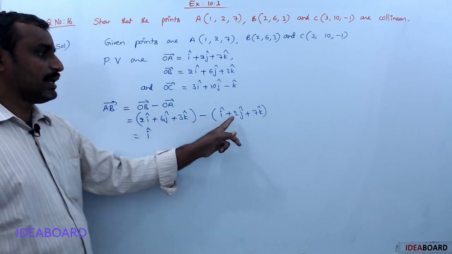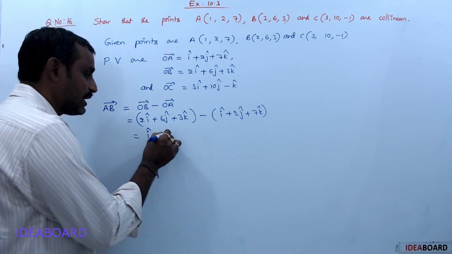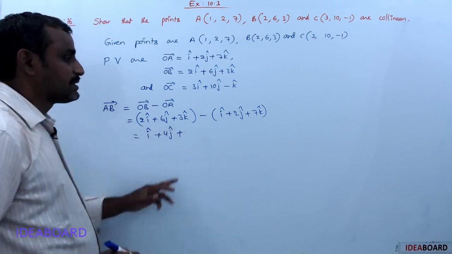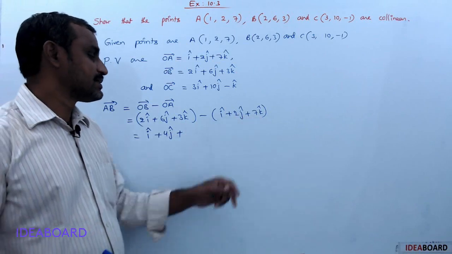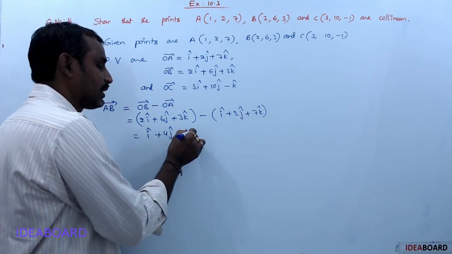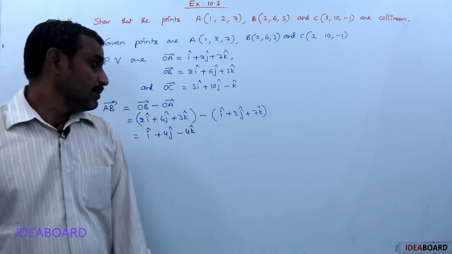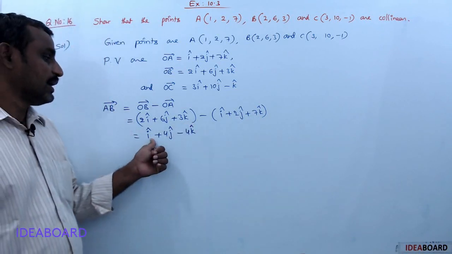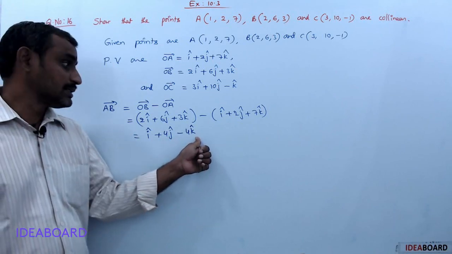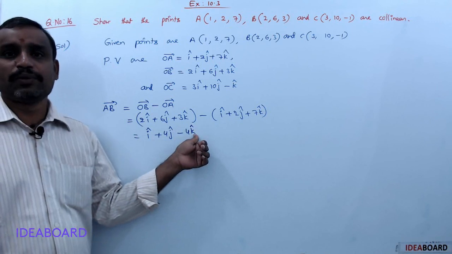Next 6j minus 2j is plus 4j cap. Next 3k minus 7k is minus 4k cap. So now AB bar vector is i cap plus 4j cap minus 4k cap.